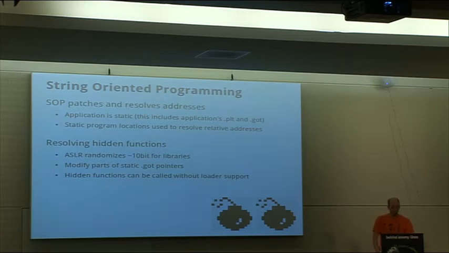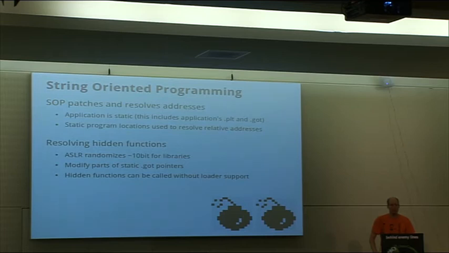And that's how we can come to our gadgets. We use the fixed application, search for our gadgets, and then also use static regions in the application to construct our data flow in there. So for example, if the application calls any library functions, we have things like a global offset table or a procedure linkage table that is used by the linker when the application is loaded to resolve connections to auto-shared libraries.